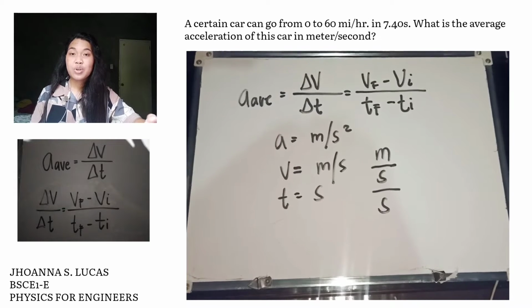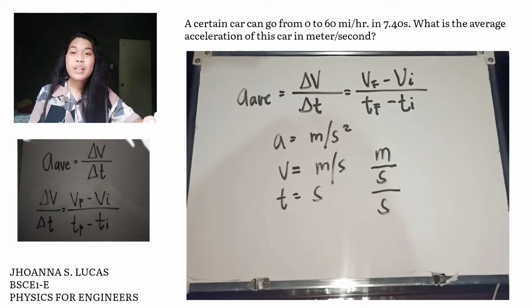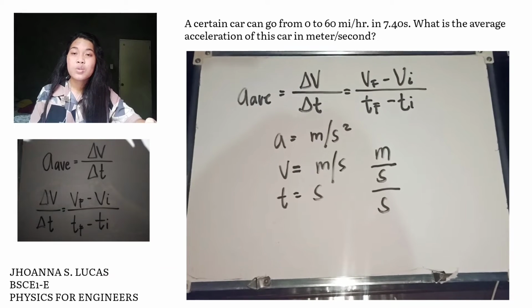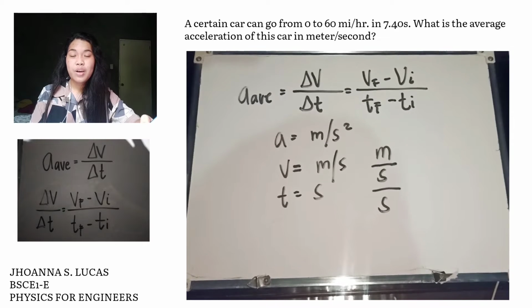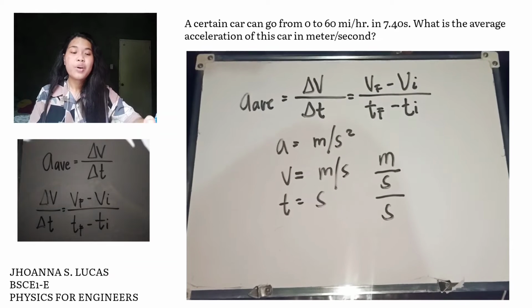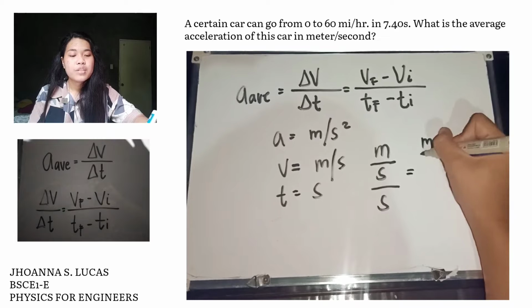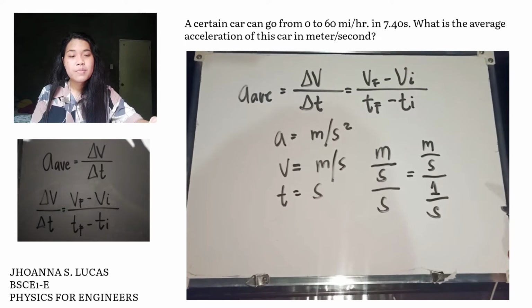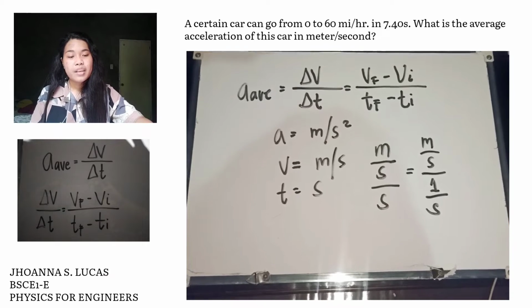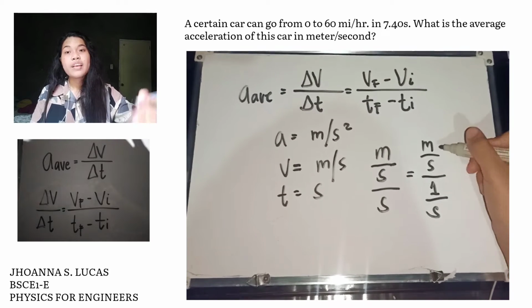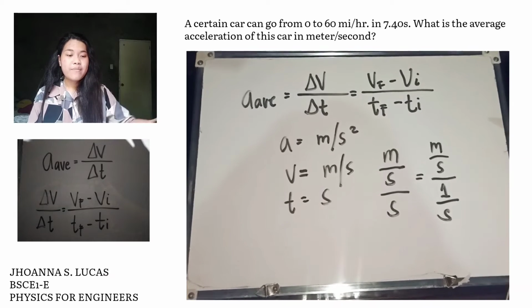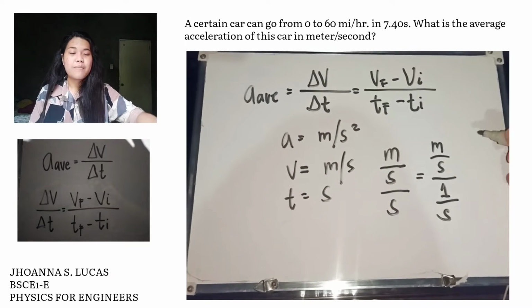So for us to simplify it, we have to make it a fraction over fraction. So we will add a numerator 1 to seconds for us to have fraction over fraction. So it will be meter over seconds over 1 over seconds. Now we can simplify it by multiplying numerator times numerator and denominator times denominator.